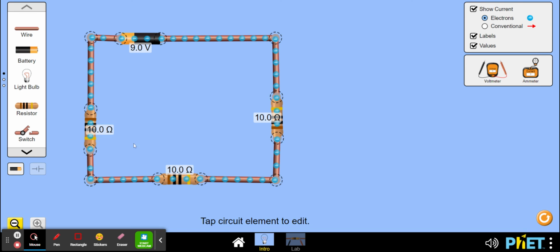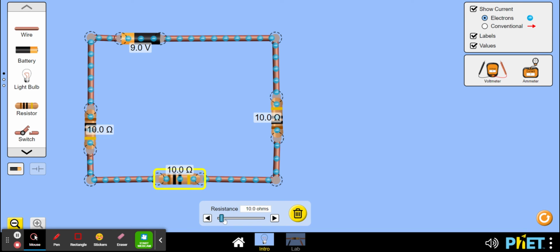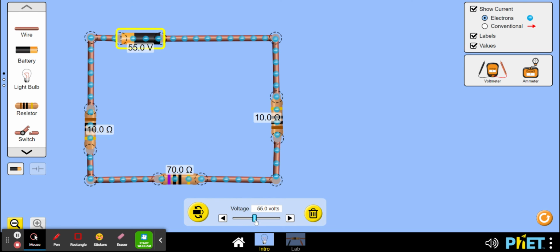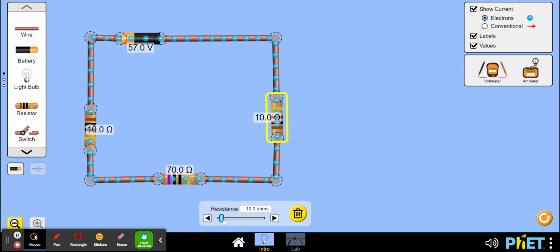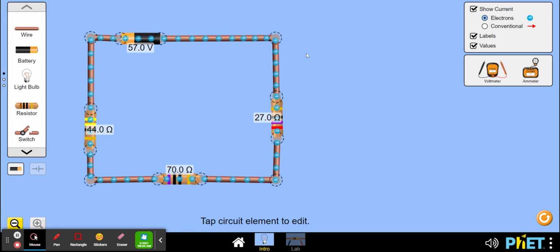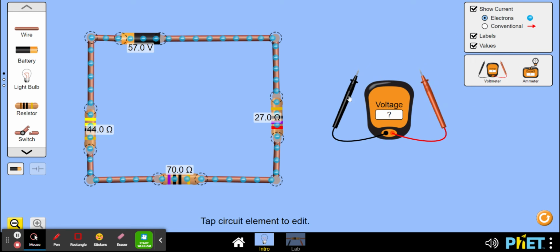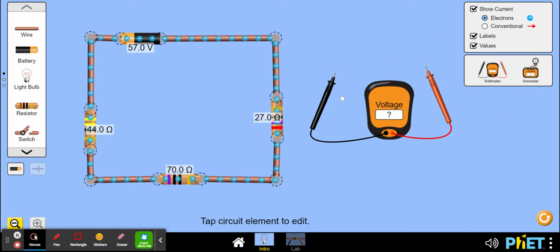What I want you to do is change these values. You can change them to whatever you want. You can put in whatever voltage you want. You can change the ohms to whatever you want. These are measures of resistance, and that can be whatever you want, like this. Now you can use your voltmeter to put these probes on either side of the battery, on either side of your resistors, and you can check the voltage of all of the elements in your circuit.